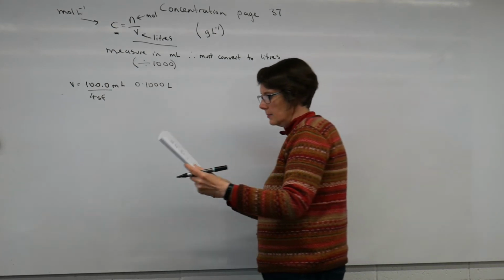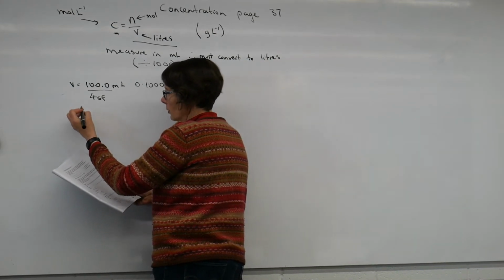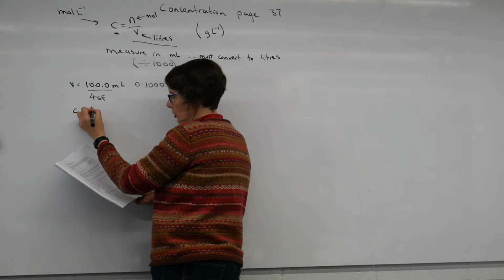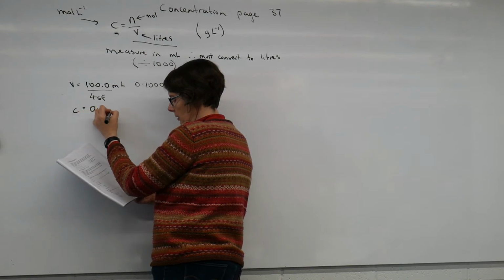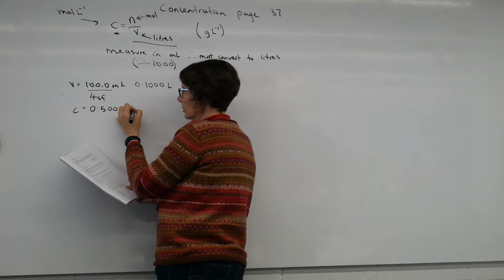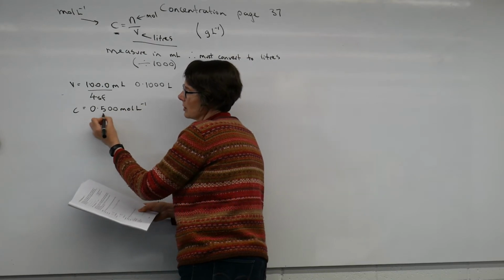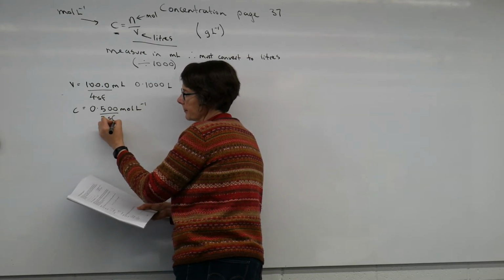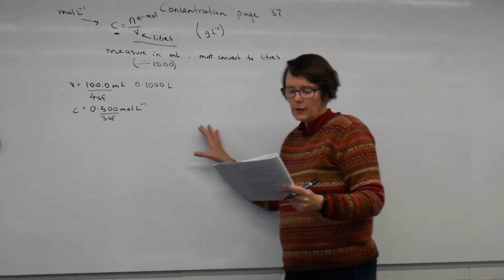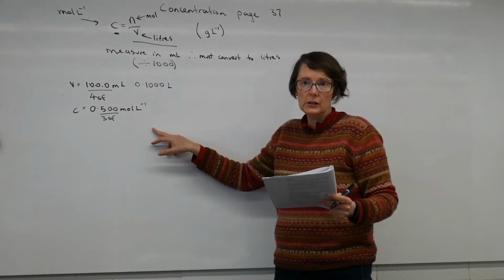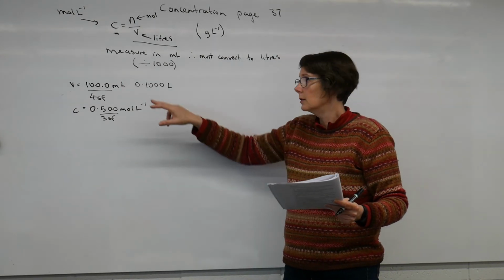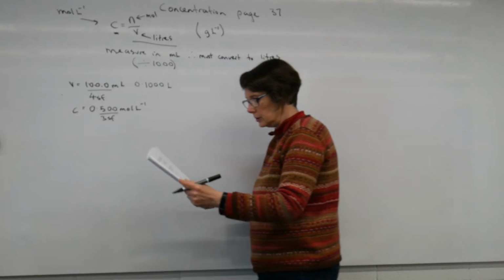And we want a concentration of 0.500 moles per litre. Well, this one's 3 sig figs. So my final answer will be 3 sig figs, because I have to take the least sig figs.